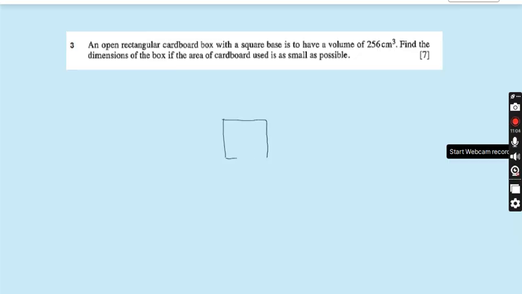I am roughly drawing a box. So square base means if this one is the length, this one is also L, and this is height. Now according to the question, the volume of this box is 256 cm cube.